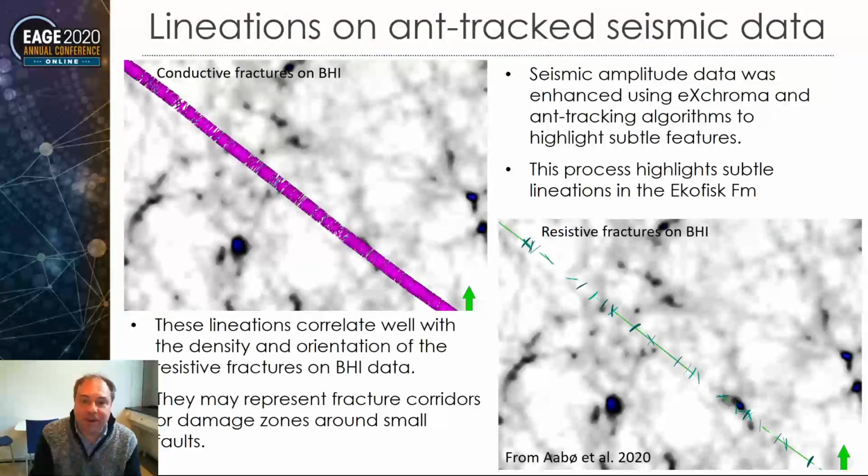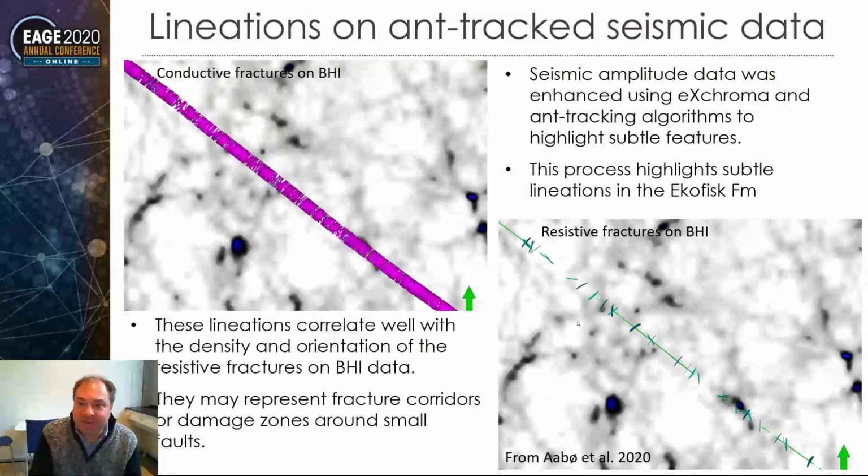We also have some high-resolution seismic data, and we used X-chroma and an ant tracking algorithm to try and highlight some of the subtle lineations within that seismic data. So when we take a slice through the centre of the Ekofisk formation, we actually see some very subtle lineations on this seismic data.